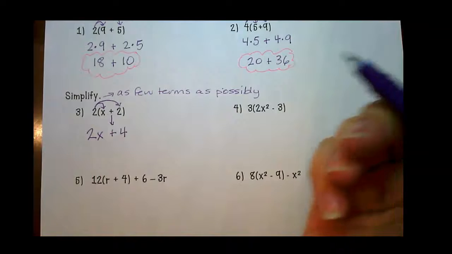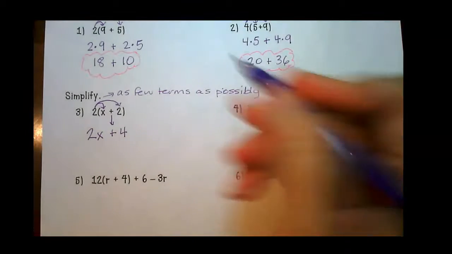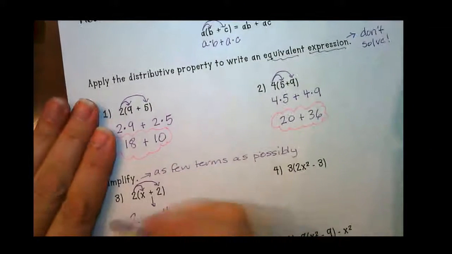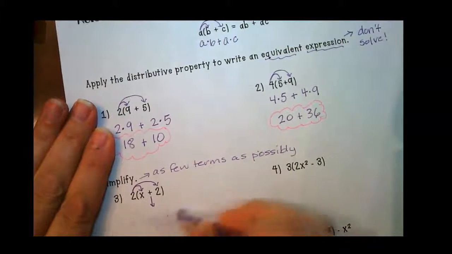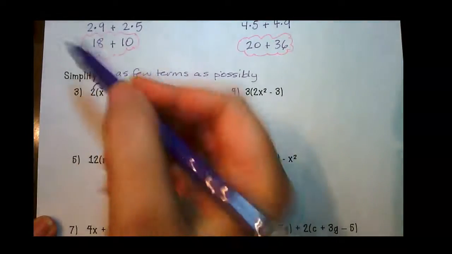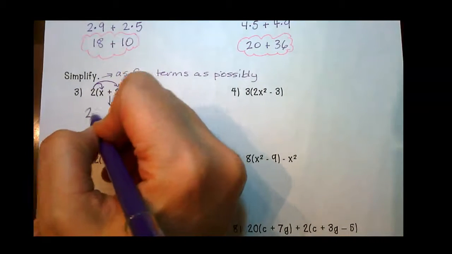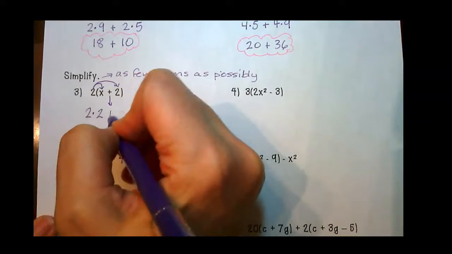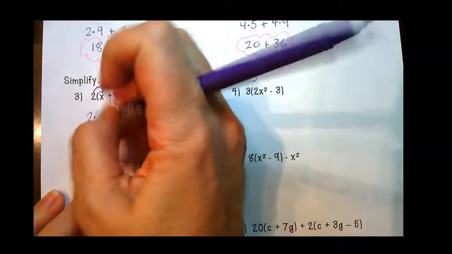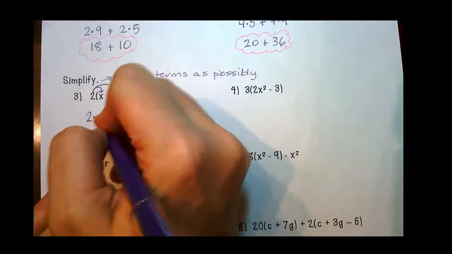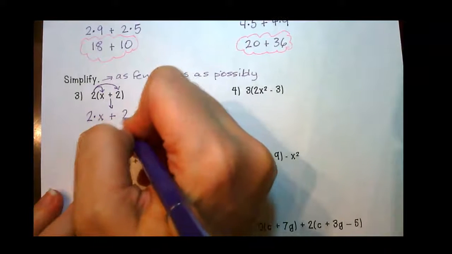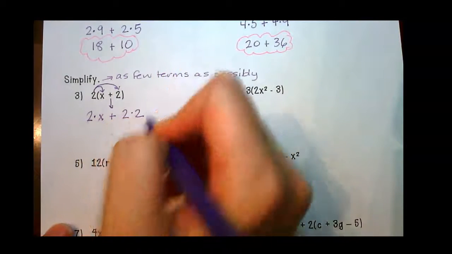Now you could do all of that in your head. If you need to write the steps that I said out loud, you could write 2 times x plus 2 times 2.